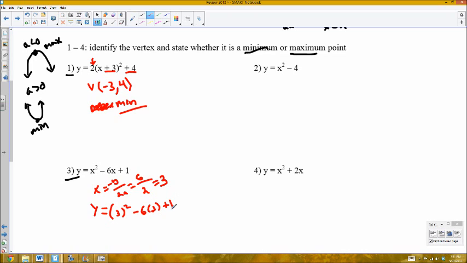So 3 squared is 9, 3 times -6 is -18, and then I have +1. So 9 minus 18 is -9, plus 1 is -8. So my vertex is at the point 3, -8. And since my a is a positive 1, greater than 0, this will again be a minimum value.